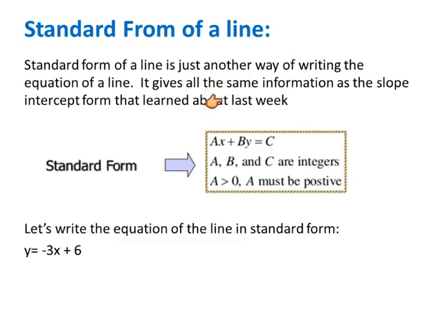So let's look at the standard form of a line. The standard form of a line is just another way of writing the equation of a line, and it gives us all the same information as the slope-intercept form that we learned about last week. So what does it look like? Here it is. The standard form is ax plus by equals c, where a, b, and c are going to be integers. They're going to be numbers.